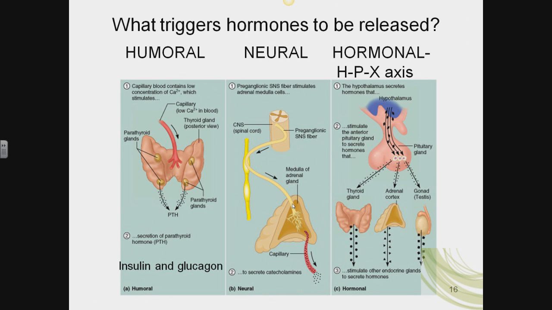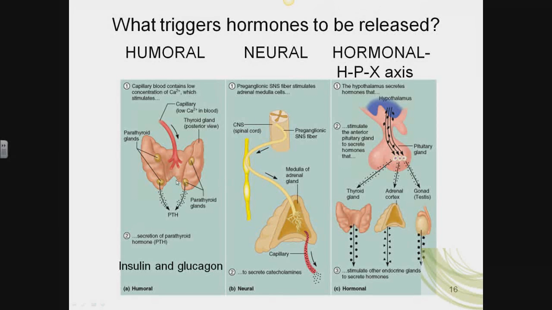And when these nerves release their neurotransmitters, they're dumped straight into a bloodstream. And that means that the neurotransmitter is now acting as a chemical signal in the blood, which is technically a hormone. And the best examples of this are epinephrine, which is shown here in the middle picture, oxytocin, and antidiuretic hormone.